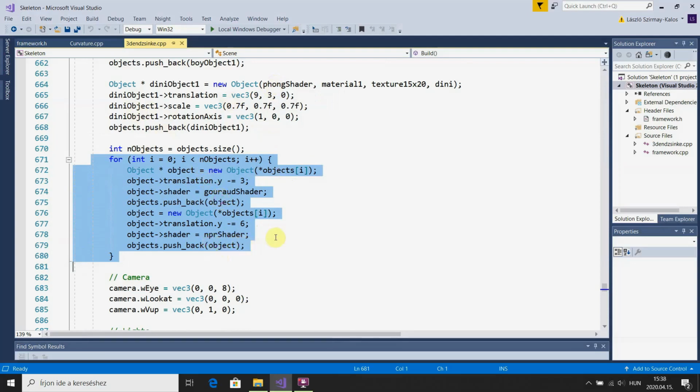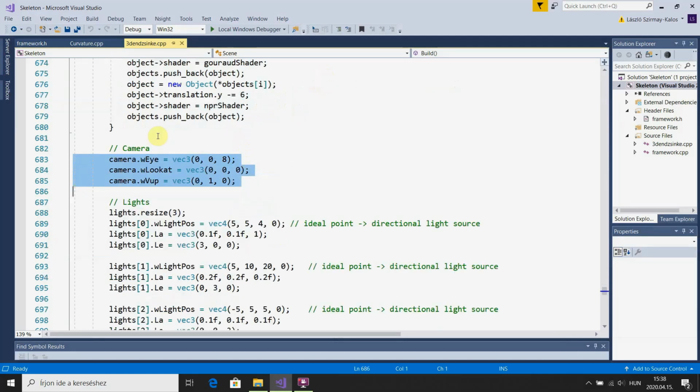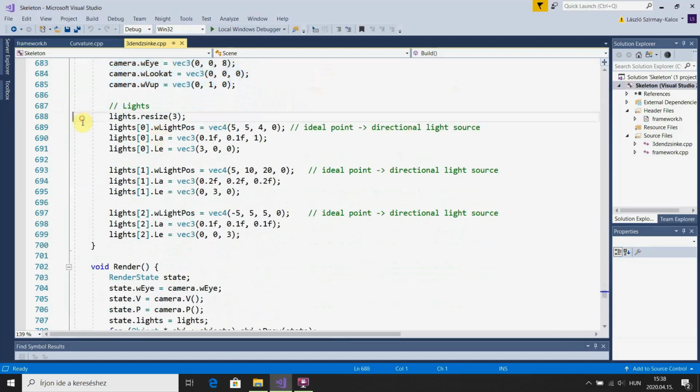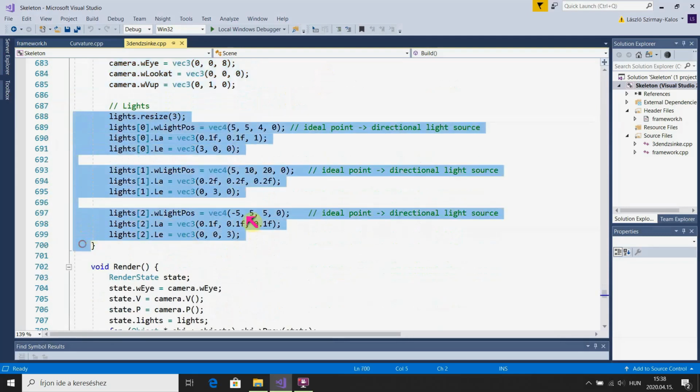So we can have 3 lines of object collections. The first has all objects with Phong shader, the second renders all objects with Gouraud shader, and the third with NPR shader.